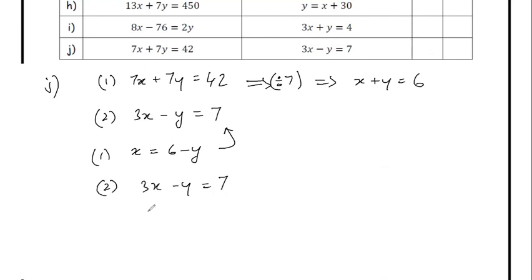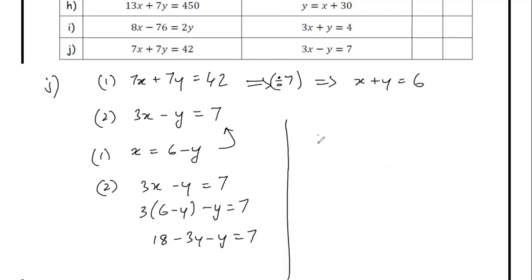And I'll substitute the value of x, which is 3 times 6 minus y is equal to 7. That's 18 minus 3y minus y is equal to 7. That's 18 minus 4y is equal to 7. So 4y is equal to 18 minus 7, which is 11. So y is 11 by 4.